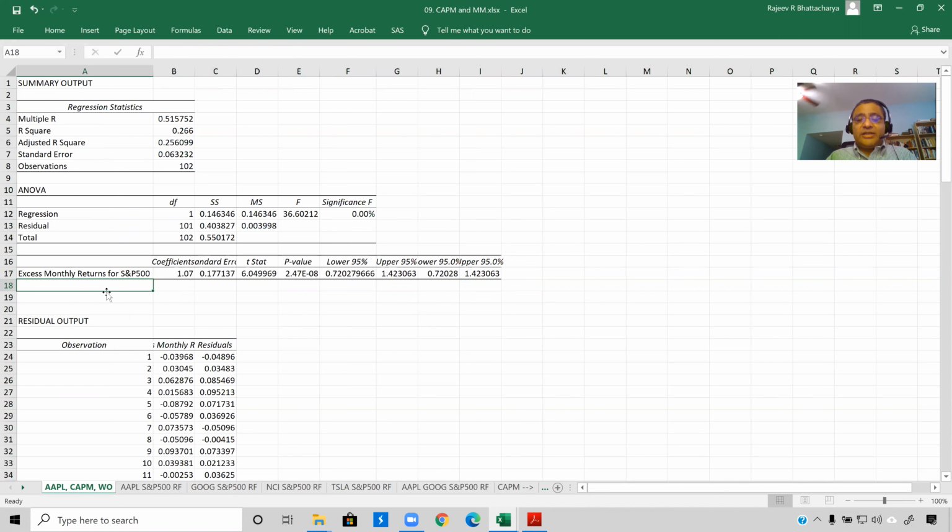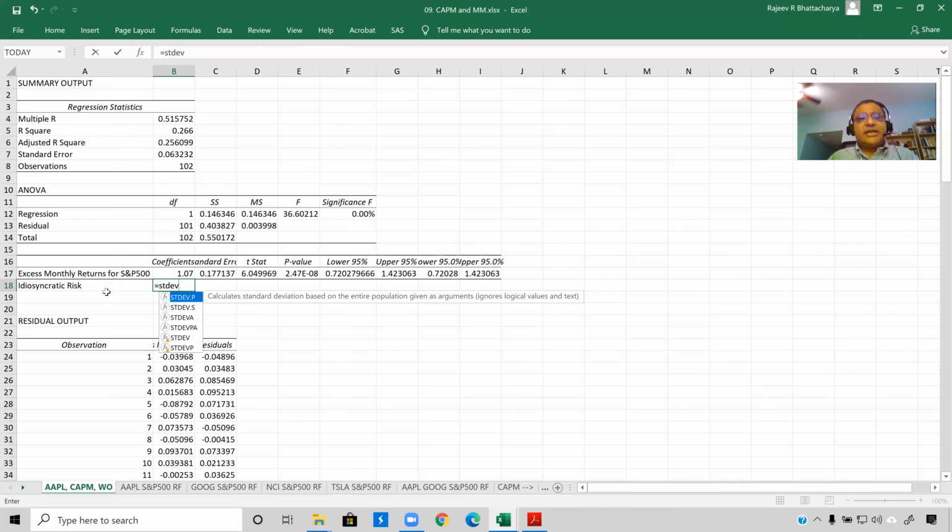Now, in order to get the idiosyncratic risk, we're going to take the standard deviation. What's the difference between the dot P and without the dot P? It's whether you're taking the population standard deviation or the sample standard deviation. For these large numbers of observations, they make absolutely no difference.